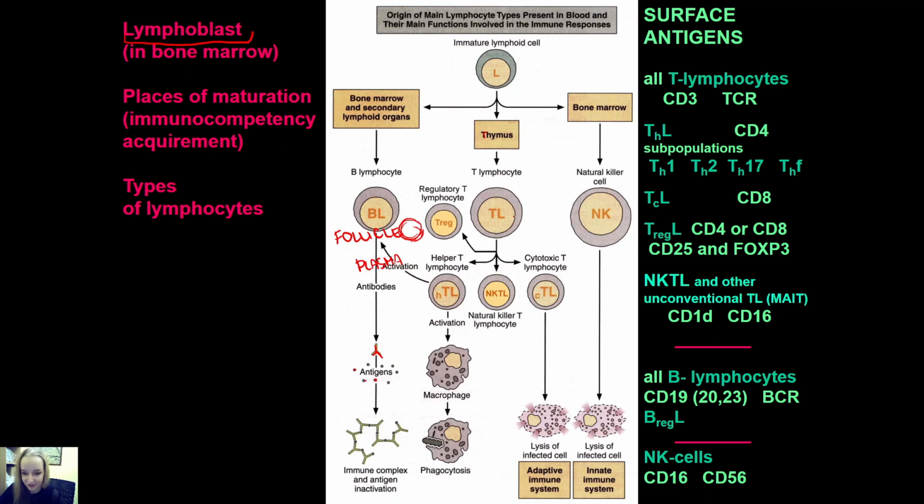Next we have T lymphocytes, and we can differentiate many types of T lymphocytes, but you should know at least the cytotoxic T lymphocyte and helper T lymphocyte.